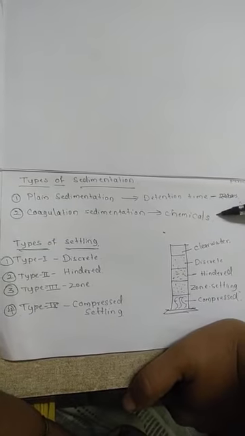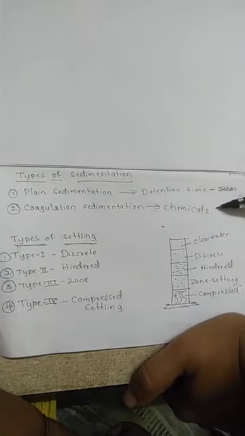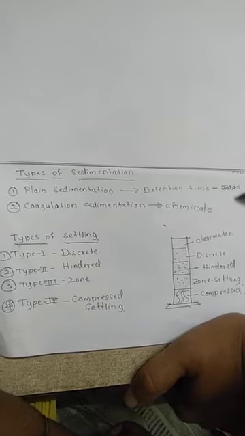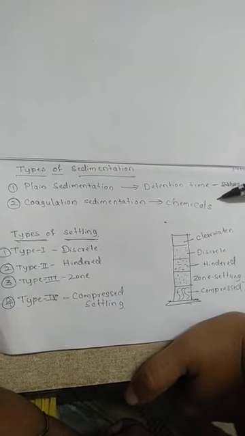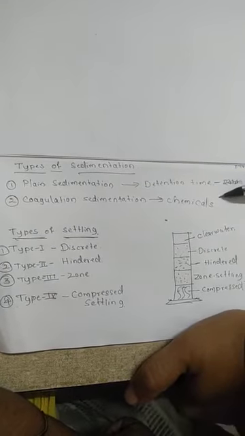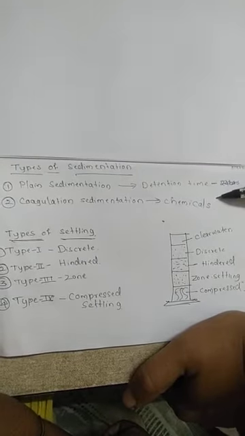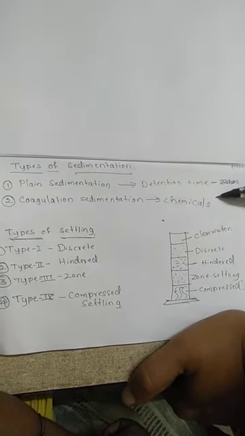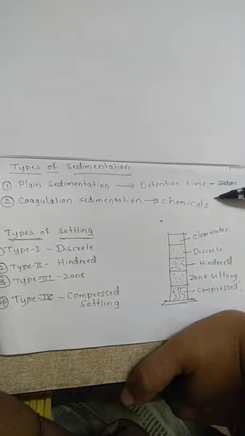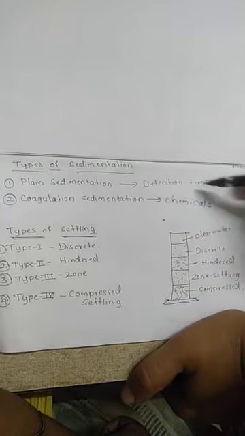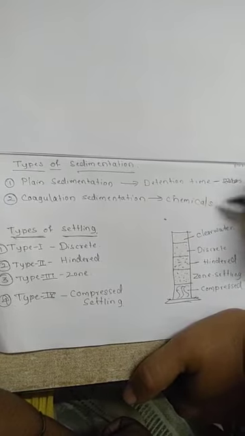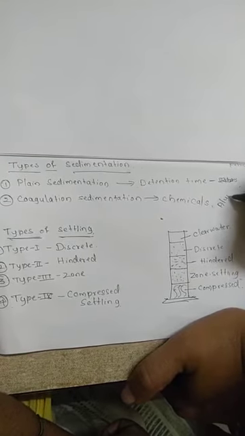Now the next process is coagulation sedimentation. This method we use for the suspended particles, the particles that always remain in suspension. In order to remove such particles, we use coagulation sedimentation. We are going to add chemicals like alum, copperas, chlorinated copperas.